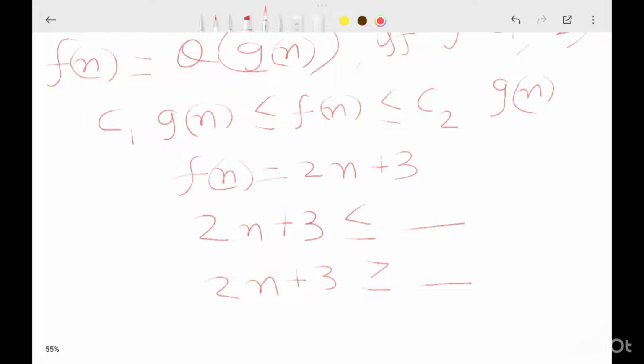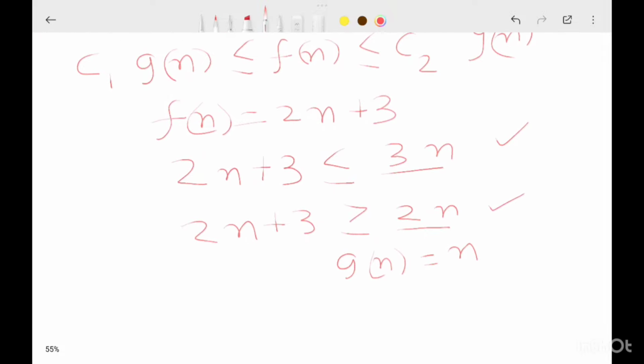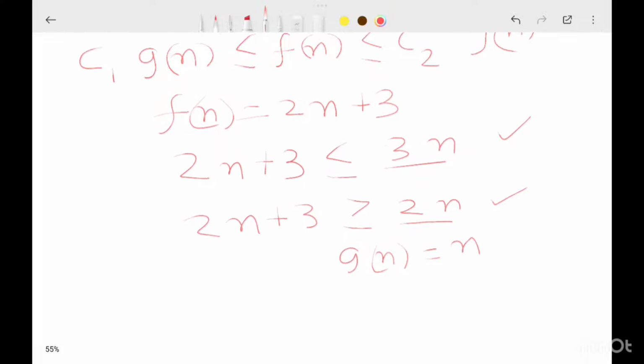So 2n plus 3 is always less than 3n. This is true. And 2n plus 3 is always greater than 2n. This is also true. So now we use the same g of n, that is n. When the constant c2 is 3, this condition becomes true, and for the constant 2, the other condition becomes true.